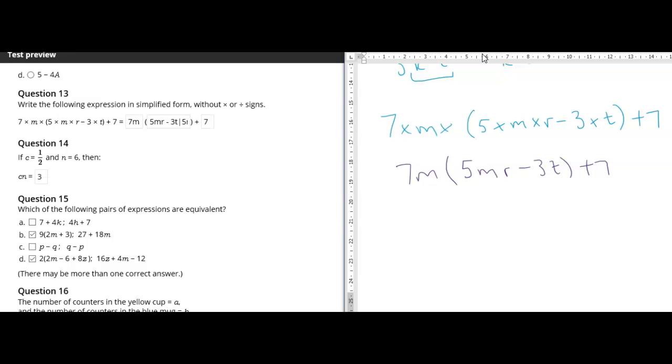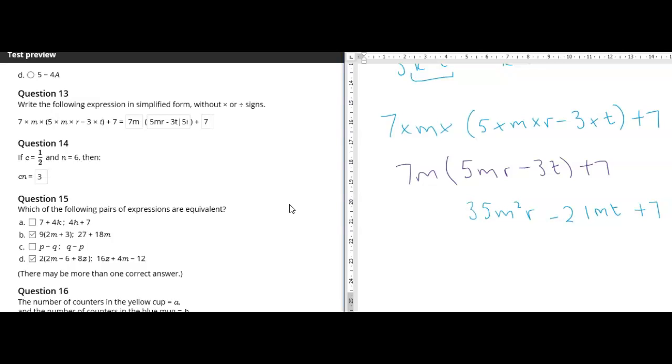But if you did expand that, I'll quickly write the answer here, even though this is the answer. If we expanded that, you would have 35m squared r minus 21mt plus 7. So if you expanded that, that's what you should have got.